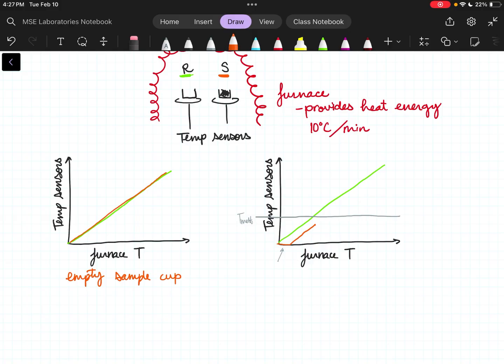But my sample is going to continue increasing in temperature until we reach our melting temperature. Just like we talked about with the ice cubes, at that point the temperature of the material stagnates, meaning my orange line now goes horizontal, and it should be on top of that gray line, but I am making it slightly different for the sake of being able to see both lines.